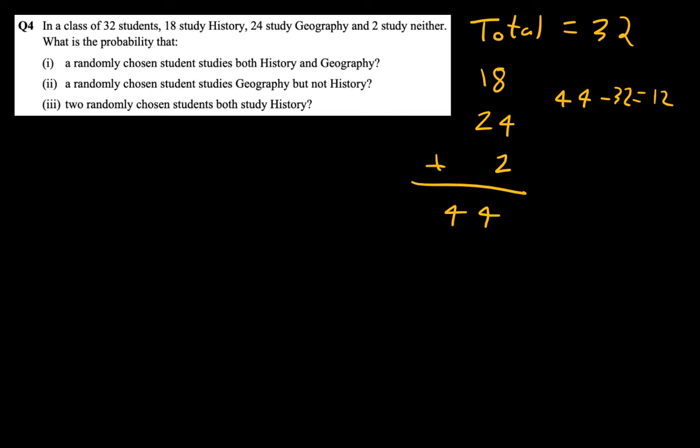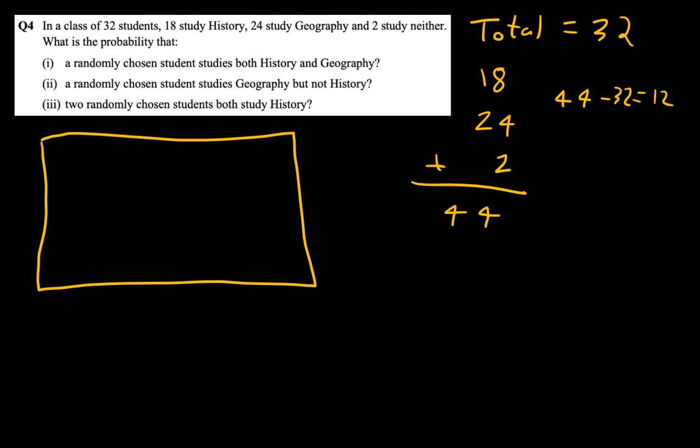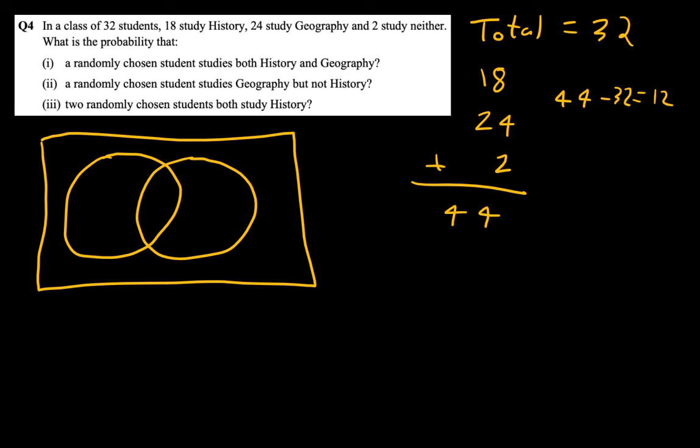And I hope you can see that we've counted 12 in both of history and geography. Okay, so we've got history and we've got geography, and we've got, let's use green this time, 12 in the middle.